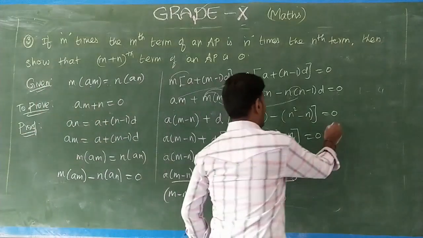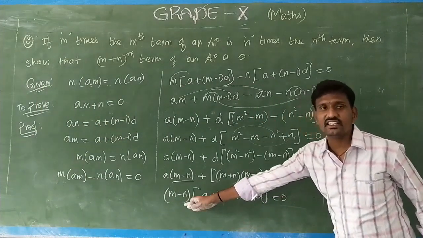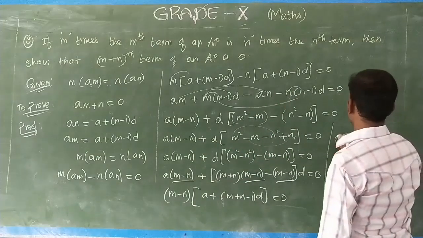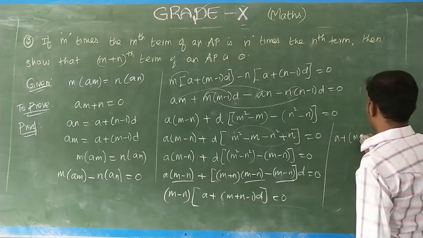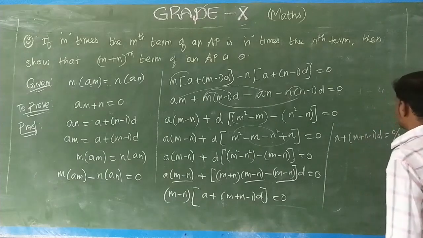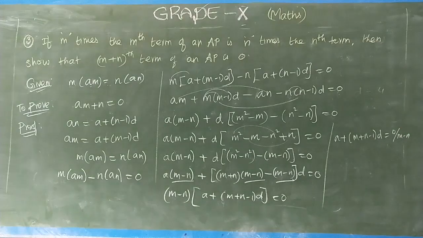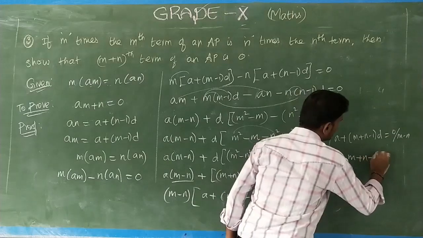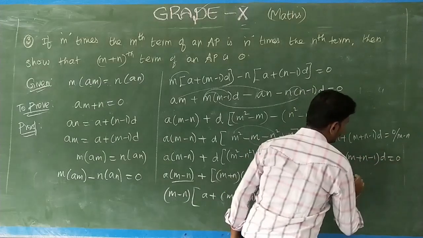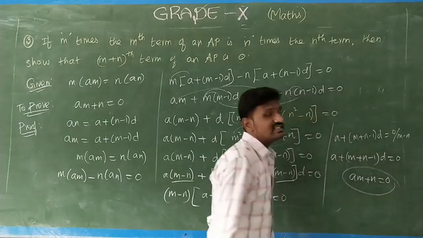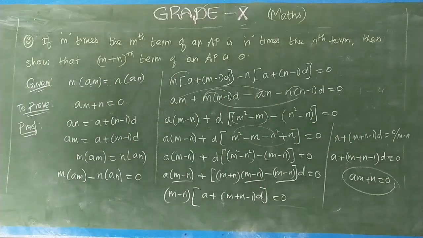Now multiply m minus n, it will come to the right side as denominator, so (m plus n minus 1) into d equals 0 divided by (m minus n). You know 0 divided by anything is 0, so (m plus n minus 1) into d equals 0. So finally the conclusion: the (m plus n)th term of an AP is 0.